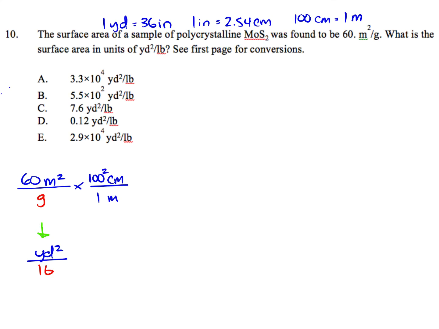So it's 100 centimeter squared over 1 meter squared. Okay, that gets us out of meter squared units to centimeters. Now let's use the inch to centimeter conversion and do that one. So we can get rid of centimeters by putting it on the bottom.